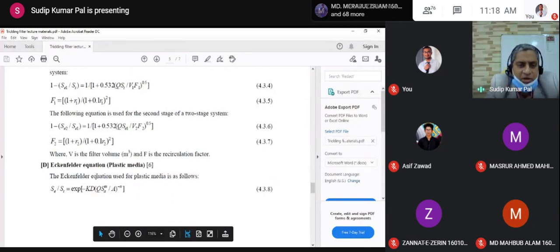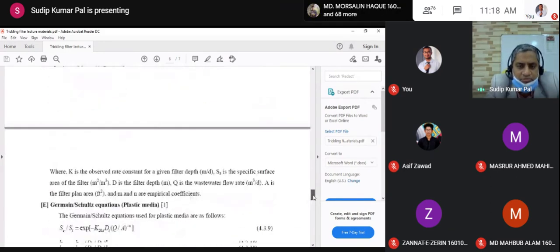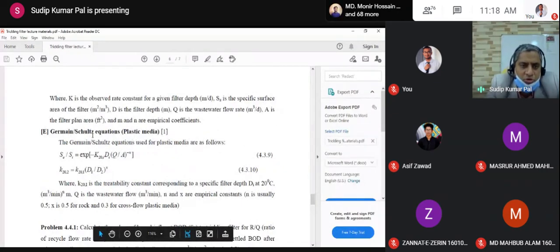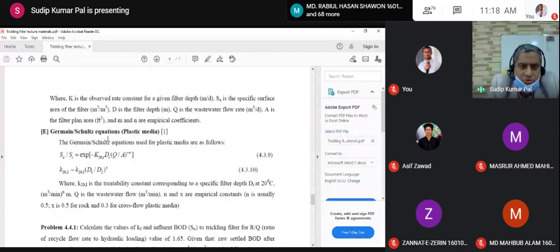So the Eckenfelder equation is also used for designing the trickling filter. And there is another method, as you can see, number 4, also plastic media, Germain-Schulz's equation. So this is also a very similar equation to what you can see in the Eckenfelder equation.